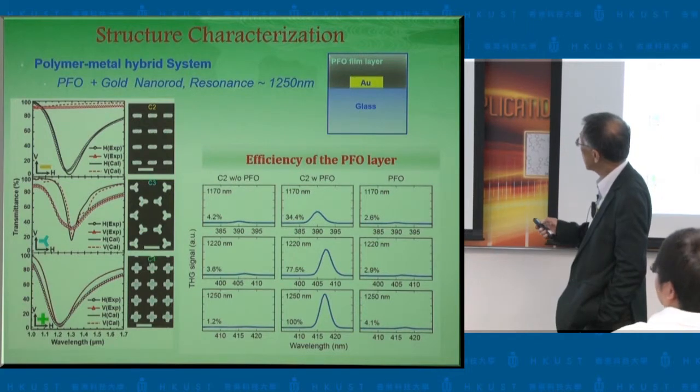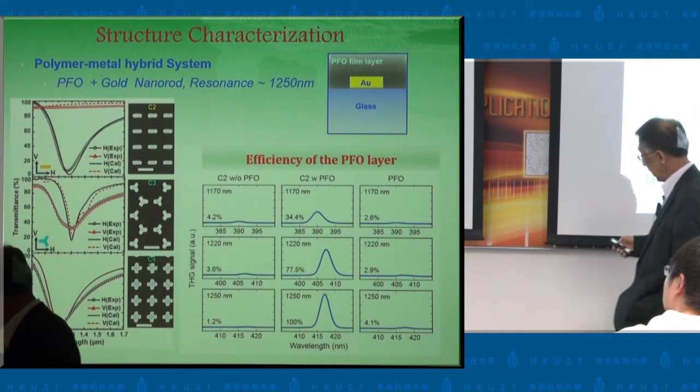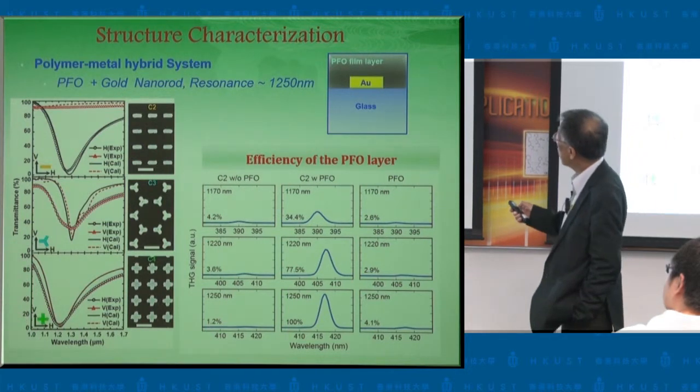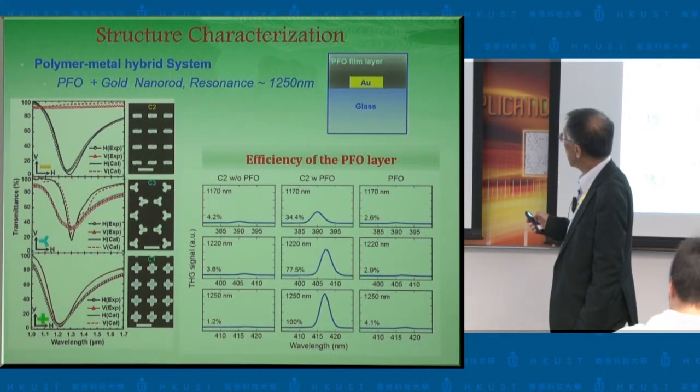This is a cross section you could see here, and on top of that we have an active medium. So we have a PFO, which is a polymer film with very strong nonlinear optical properties itself.